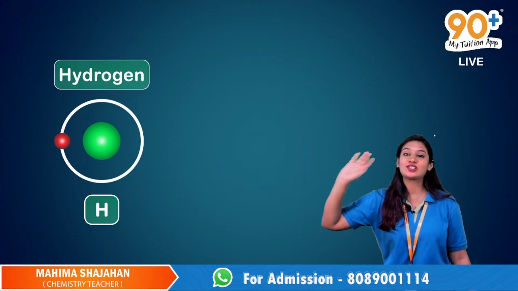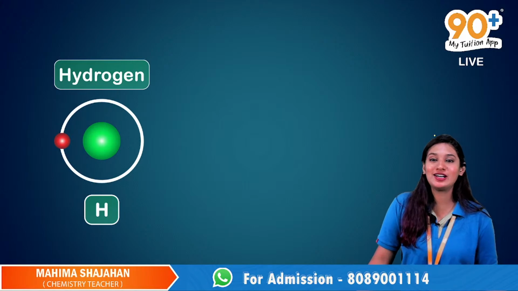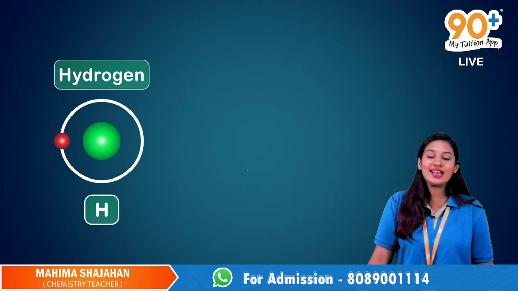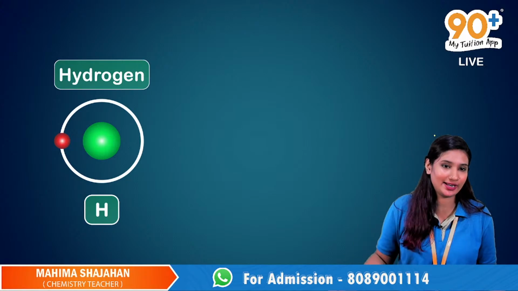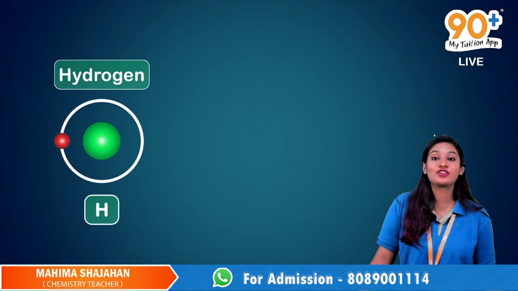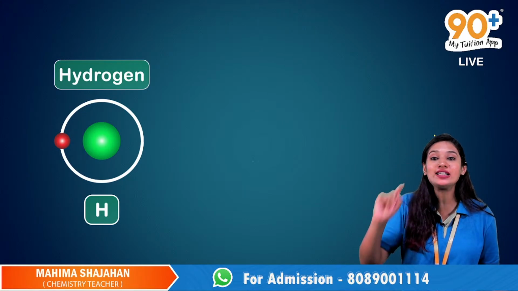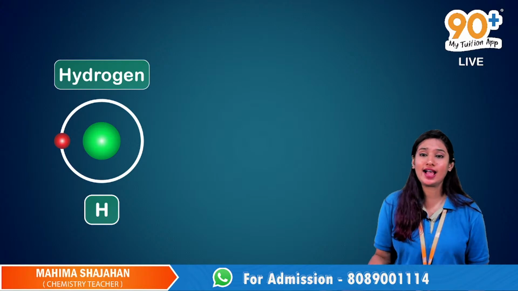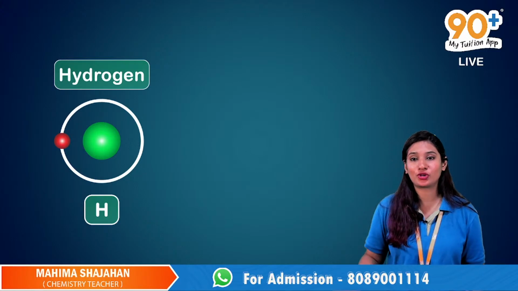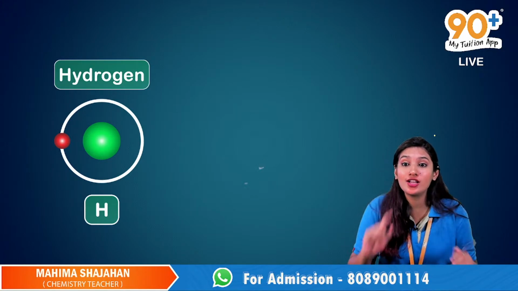Hydrogen is our very first element, and inside the hydrogen atom, it only has one electron. Since hydrogen has only one electron, it will occupy the first shell.